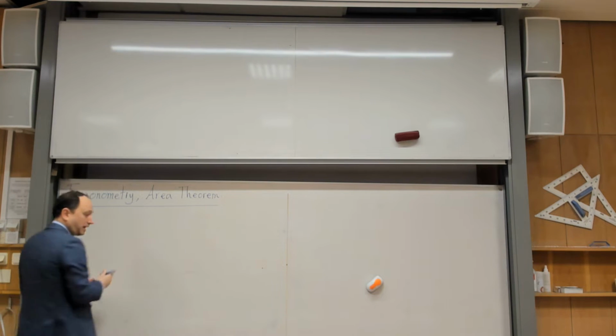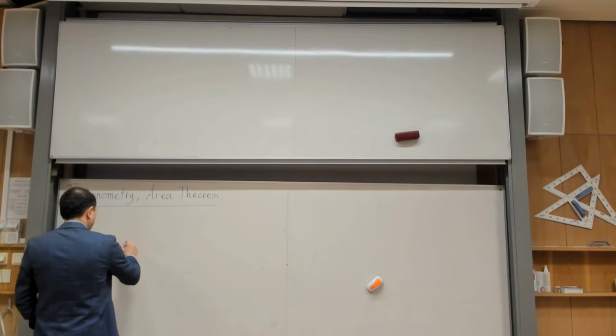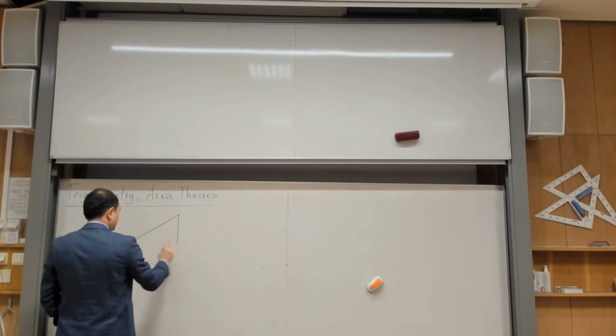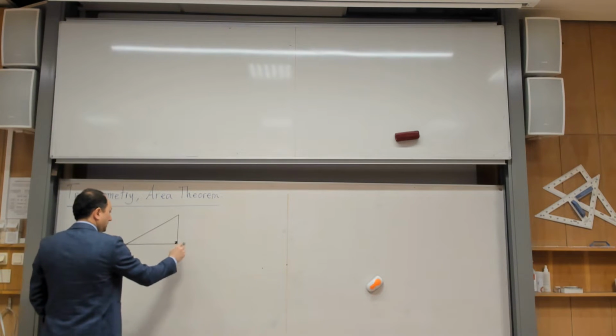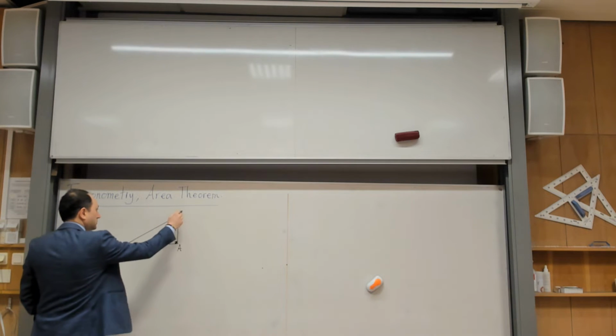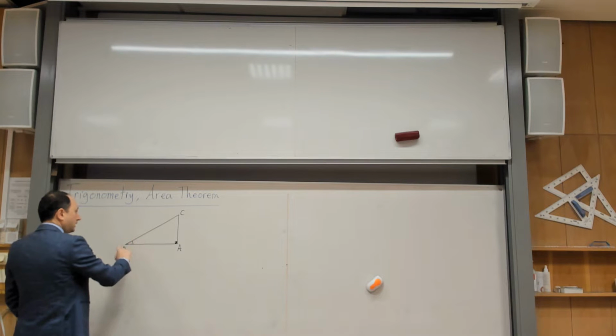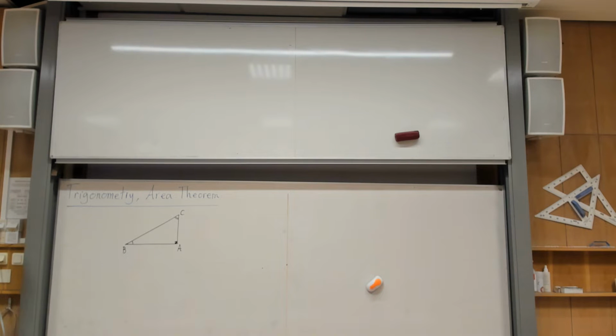For example, assume that this is my right angle triangle, the right angled vertex I call A, this one B and this one C. Then I have two acute angles, B and C, and of course they add up to 90 degrees. If two angles add to 90 degrees, they are called complementary. So 30 degrees and 60 degrees are complementary angles because the sum is 90 degrees.